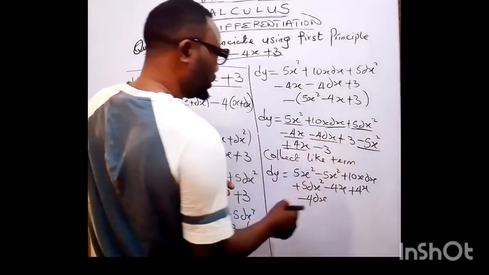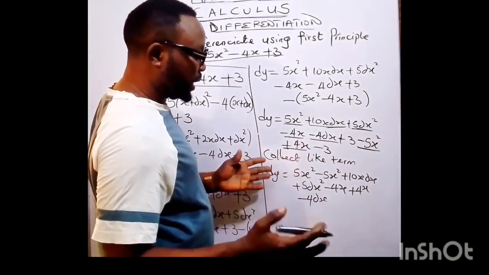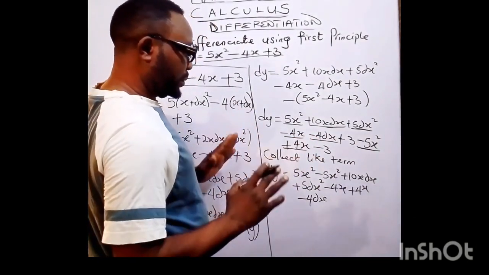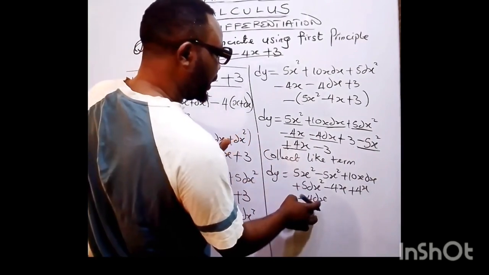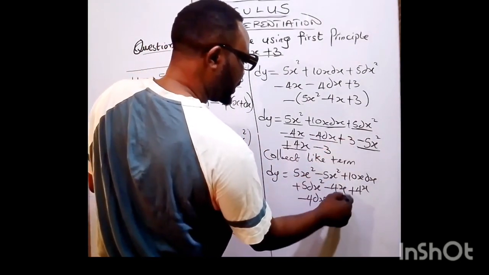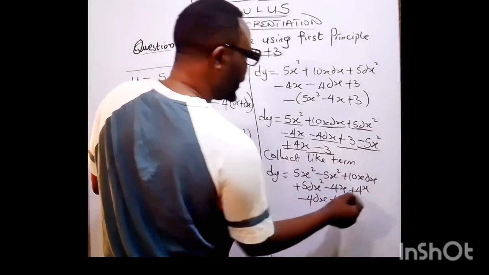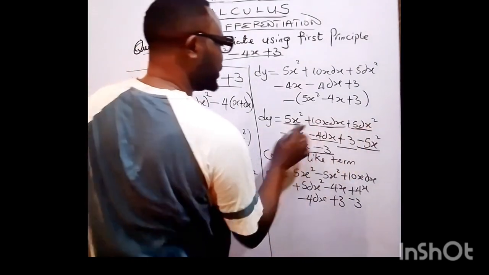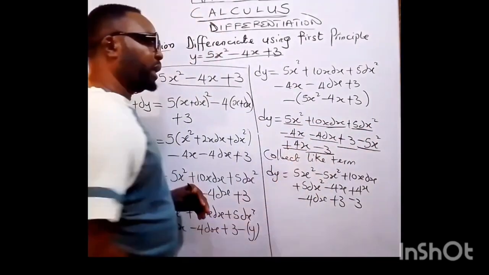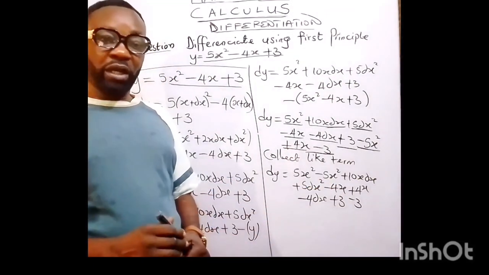Underline that one too. Do you have any other dx value? No other dx value. Okay. Minus 4dx, we have removed that one too. We are having behind what? Plus 3. Then we have minus 3. If you look at it now, you can see that all those terms I've been able to underline them. So I've removed them, shifted them over to this side, and I've collected the like terms.